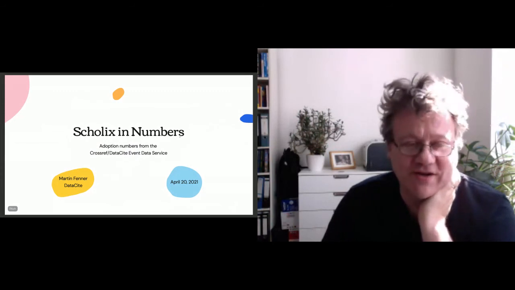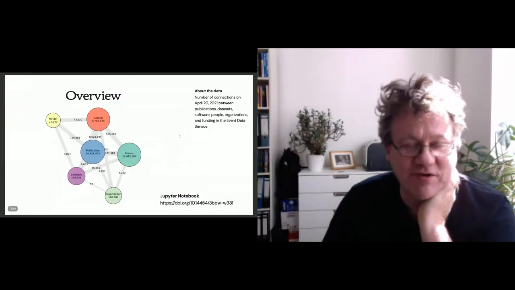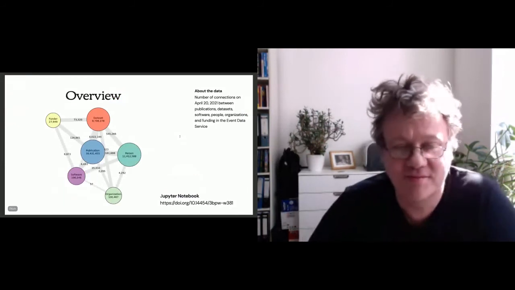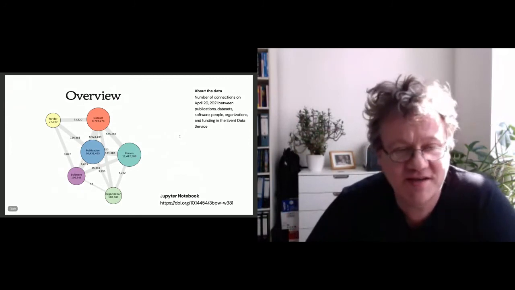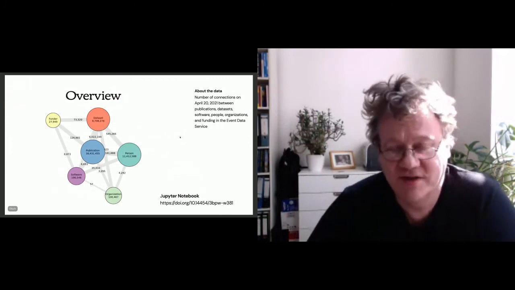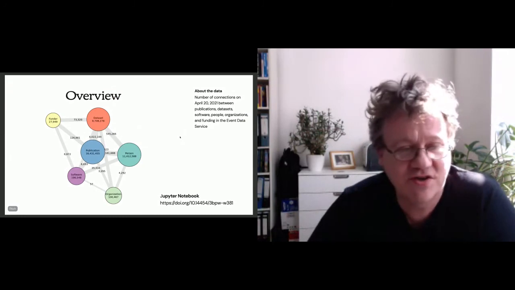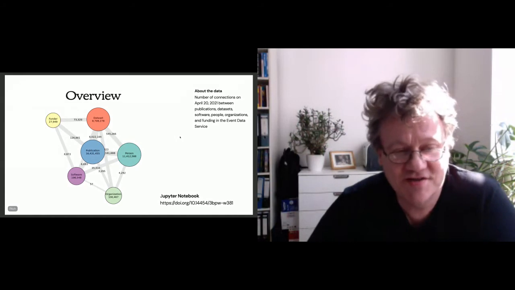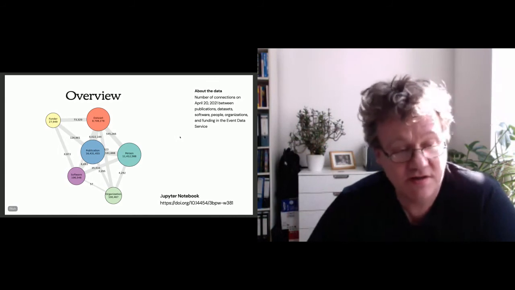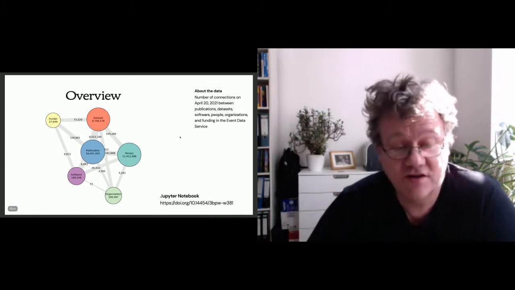Okay, so Paolo, if you go to the first slide, I will give a short presentation of Scholix in numbers from a data side Crossref perspective, and we'll highlight a few things, for example, discipline information that Stephanie talked about. This is just to say data sets and publications are part of a bigger graph of connections, which includes people, organizations, funding, software.